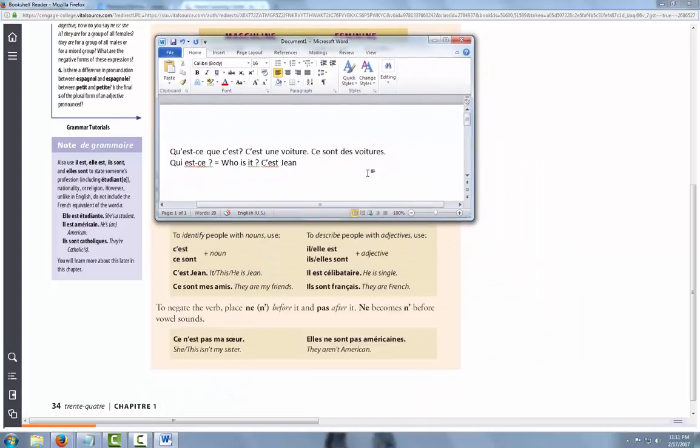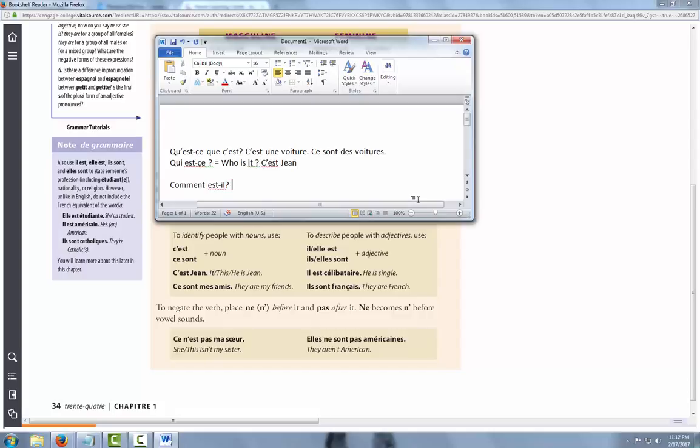Versus il est. So, if you ask a question, comment est-il? Means, how is he? How is he physically? Or how is the masculine object? So the computer, or the desk, or the piano, or any other masculine object. So you're getting a piano delivered to your house, and you want to know, how is it?